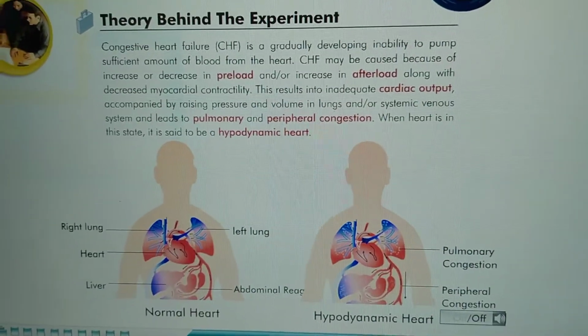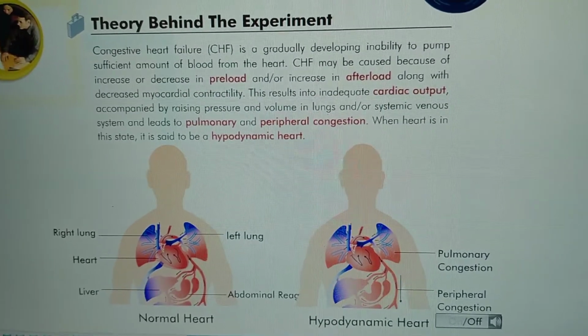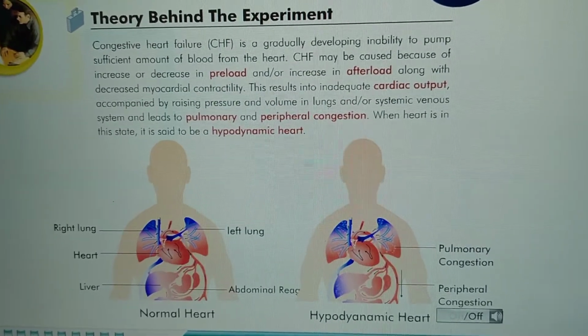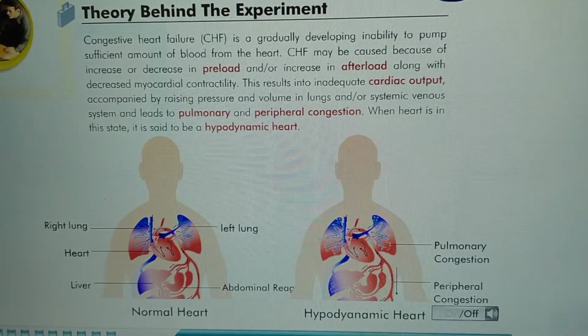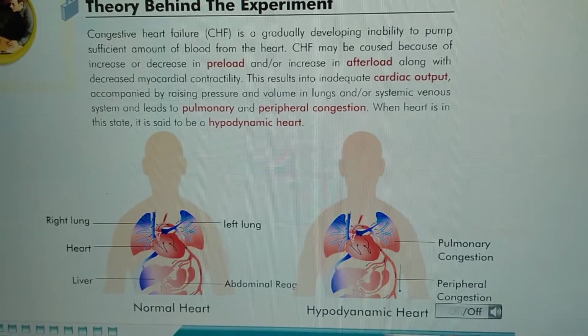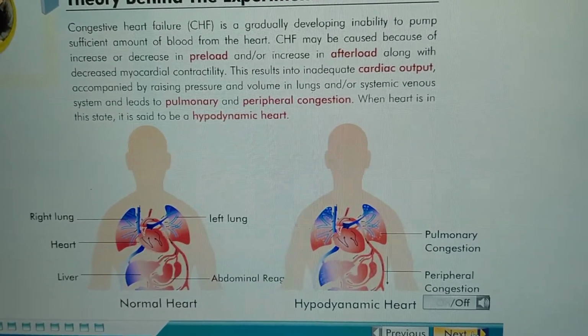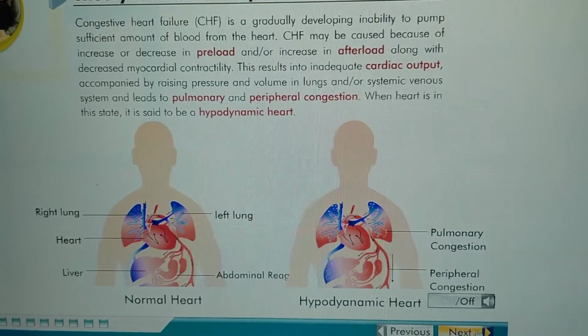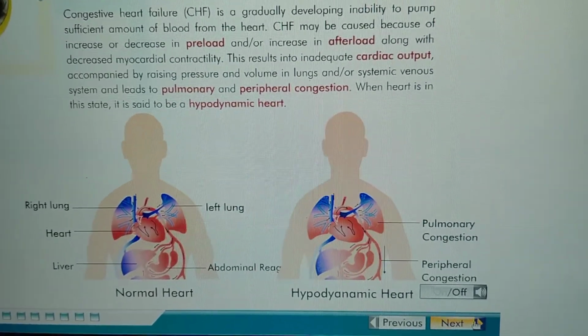Congestive heart failure, that is CHF, is a gradually developing inability to pump a sufficient amount of blood from the heart. CHF may be caused because of increase or decrease in preload and or increase in afterload along with decreased myocardial contractility.